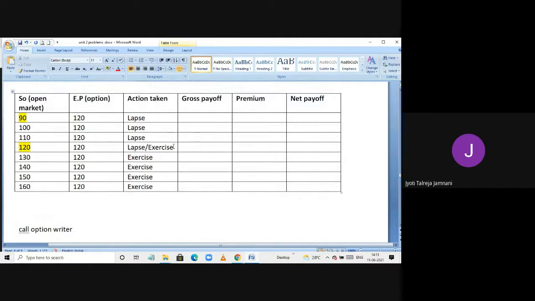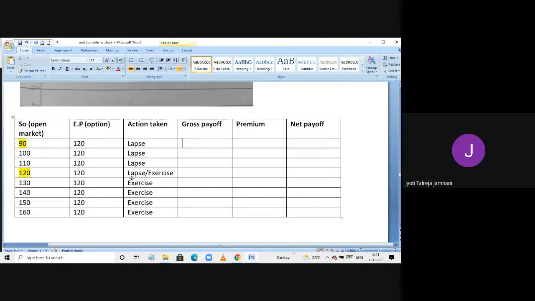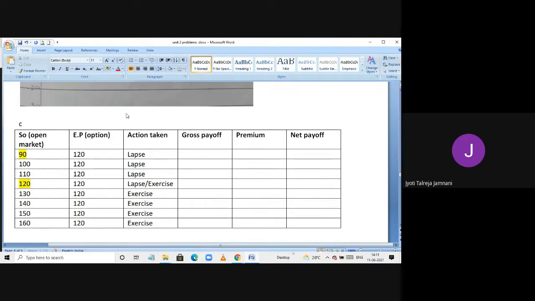If they don't ask for holder and they ask you directly for writer, also you can decide the action depending upon the holder. Call option holder, writer.